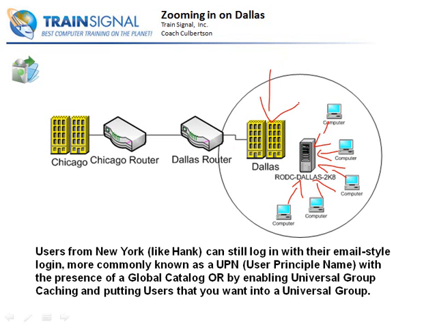Well, it's kind of sort of on accident, kind of sort of not. But regardless, when you have either one of those two things present, your users can still log in even if their accounts live up in New York, okay?